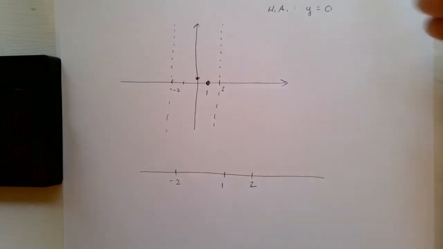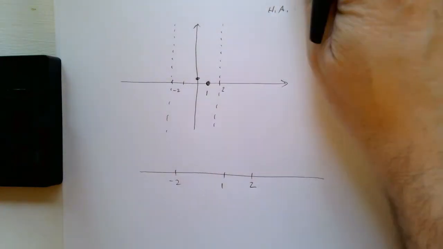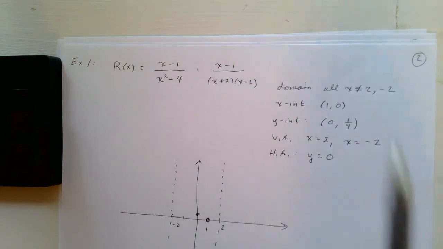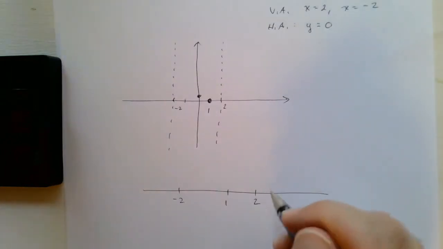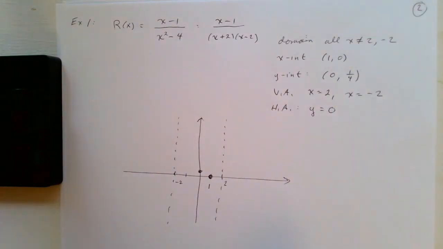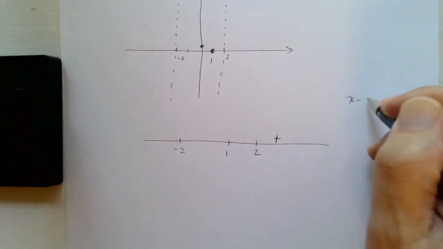Let's see what happens. If x is really, really big, bigger than 2, then you should convince yourself that all three factors will be positive, so the graph will be positive.